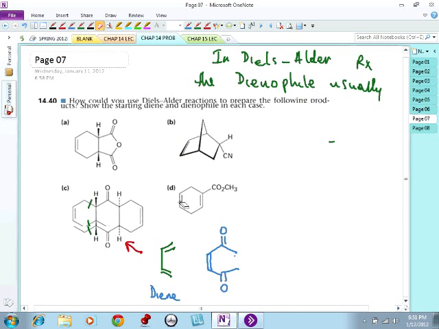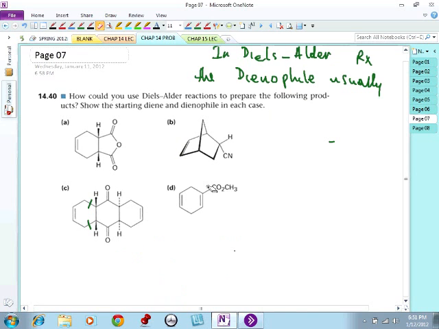Okay, for D, we have this molecule here. Let me draw that out for you. This is what you have.